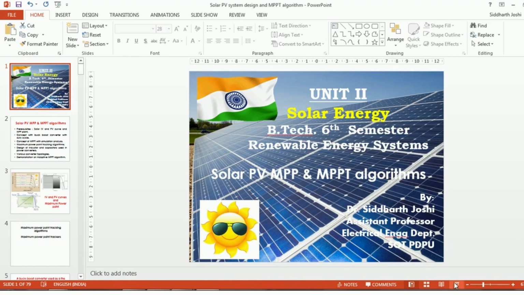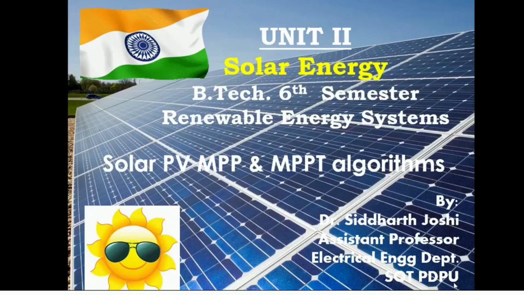Let's begin the session. As far as the introductory part is concerned, the solar PV comprises 4 points that we are considering in this case. These are open circuit voltage, short circuit current, maximum power point voltage and maximum power point current.